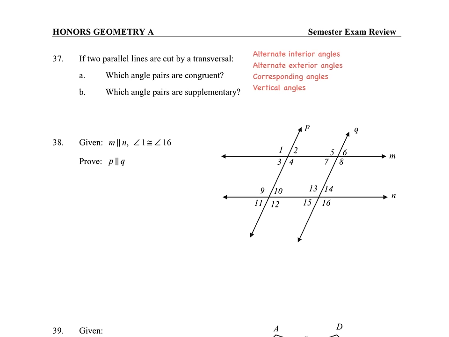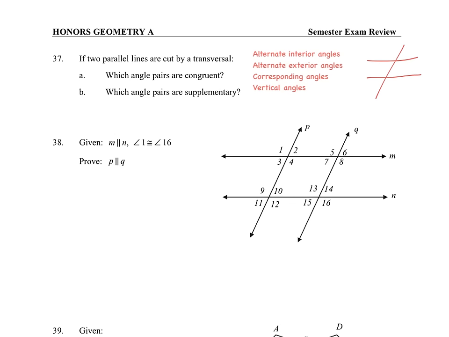So just to remind you, if I had two parallel lines cut by a transversal, alternate interior angles are inside the parallel lines and on opposite sides of the transversal. Alternate exterior angles are on the outsides of the parallel lines, but still on opposite sides of the transversal.